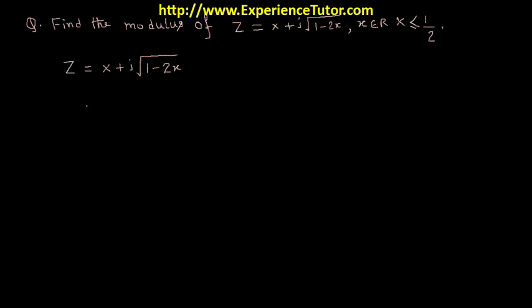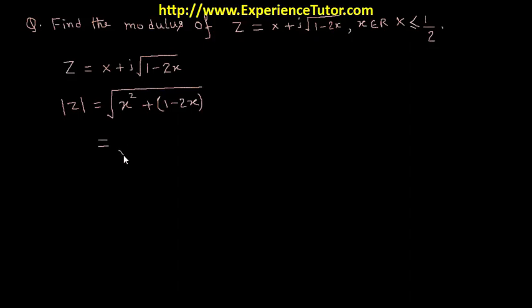So the modulus of z we can write as the square root of x squared plus the square of the root of 1 minus 2x. Here the root and square cancel each other, so 1 minus 2x is left.